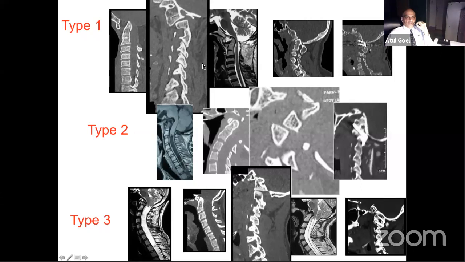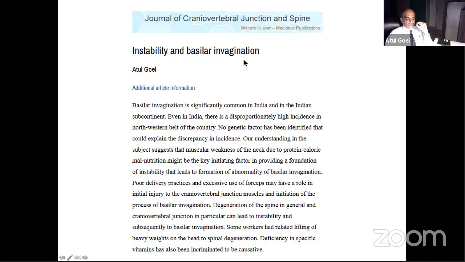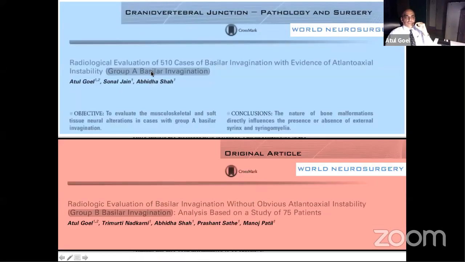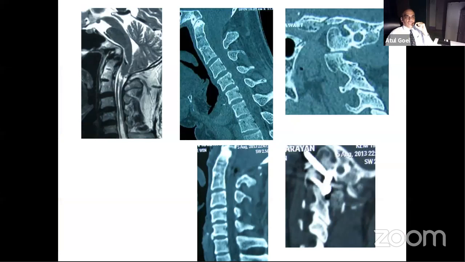Essentially, what I have mentioned is that basilar invagination is always a manifestation of atlantoaxial instability, and whether it is group A basilar invagination or group B basilar invagination, there is always one treatment, and that treatment is atlantoaxial stabilization.